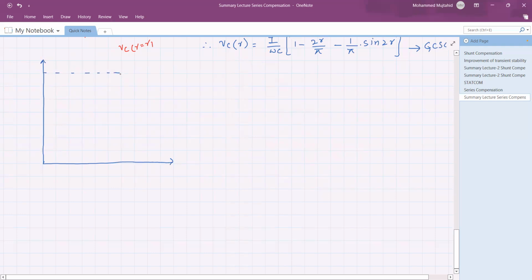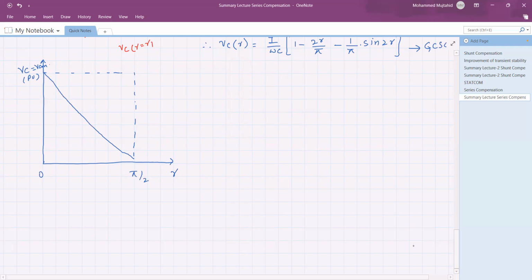This is the objective, to analyze with the help of this. Okay, so say this is the degree, this is gamma, and this is 0. This is voltage VC equal to VC maximum, the voltage across the capacitor, or you can write it in per unit or percentage. Yes, so as gamma increases, it first decreases up to 90 degrees, which is pi by 2.